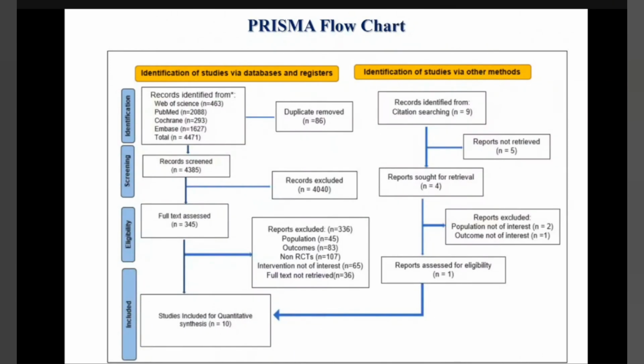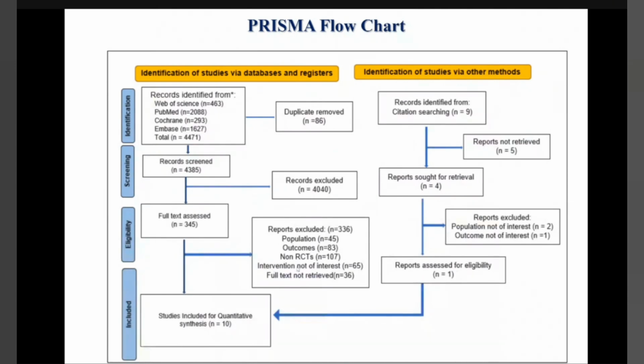For example, we have screened 345 full texts, and out of which 336 reports were not relevant to our PICOs. So we have to document why: 45 articles had a different population from what we defined earlier. 83 articles didn't define the outcomes we considered as an outcome. And 107 were not RCTs.